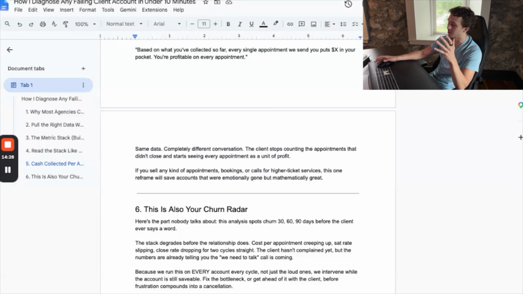Now, so many people think churn prevention is a save call script, where you're having to resell and re-objection handle again. In some instances you might have to do that, but this is where you can catch the problem while it's still just a number and you have full control over it. So you're never even having to have those churn save conversations that every agency owner or CSM hates having. It takes 10 minutes per account, and then you and your clients are never having to guess again.